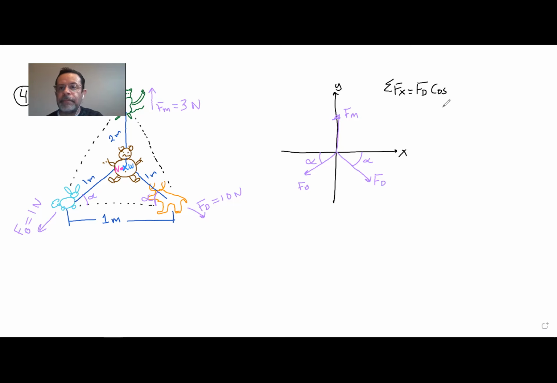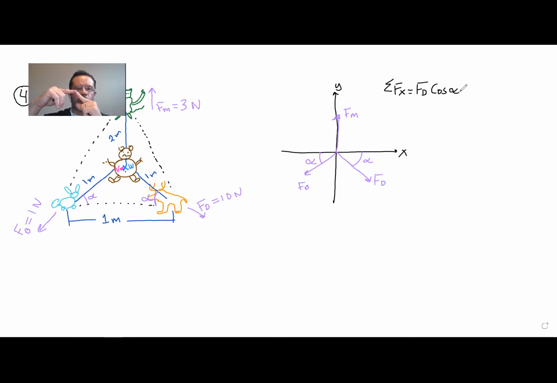Why the cosine? This is a very simple thing that you guys have to remember. When the angle is with regards to a certain line of the Cartesian plane, the resulting force in X in this case is going to be the cosine of that angle.